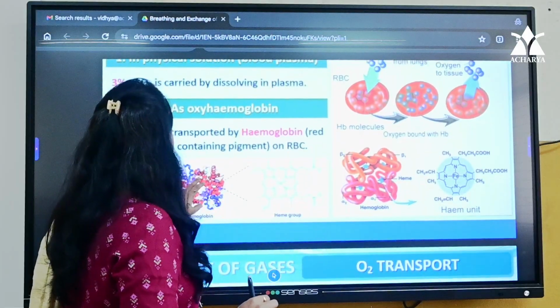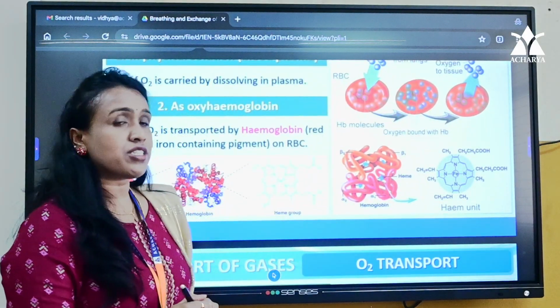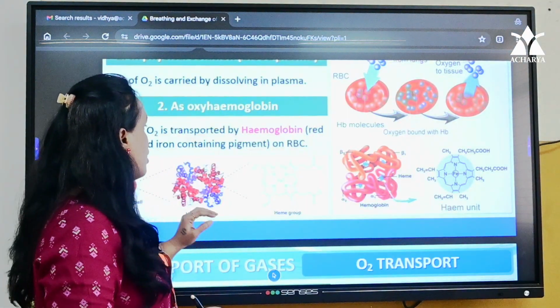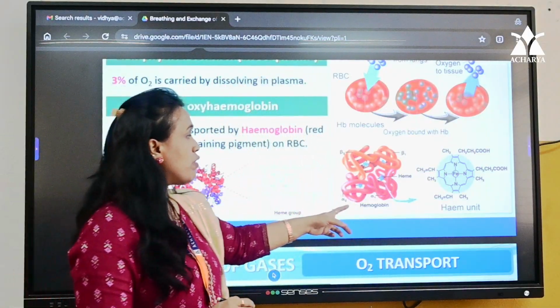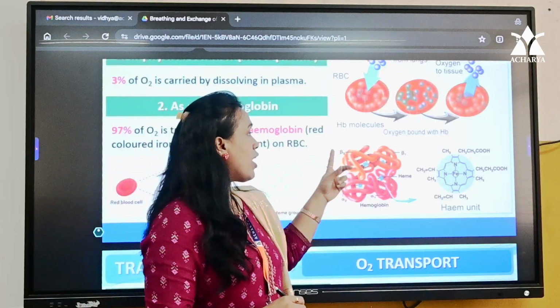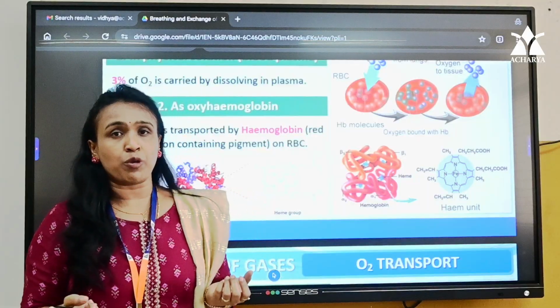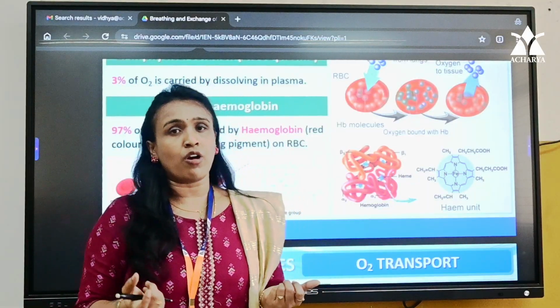And the next one is as hemoglobin. 97% of oxygen is transported by hemoglobin, a red colored pigment that contains iron. If you look at the hemoglobin, we say alpha 1, alpha 2, that is 2 subunits, and beta 1 and beta 2 subunits. So totally 2 pairs of subunits are present in hemoglobin, which is a quaternary structure of protein.